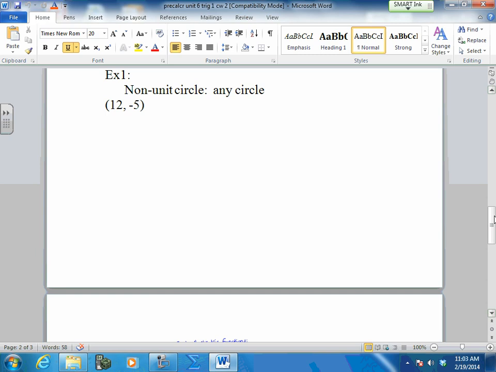So since the Pythagorean theorem says your hypotenuse has to be the largest side, don't my x and y have to both be smaller than 1? Are they? Is 12 smaller than 1? No. Okay, we're getting somewhere. So this is a non-unit circle. What quadrant does that point exist in? 4. My x is positive, my y is negative. Here's my point: 12, negative 5.